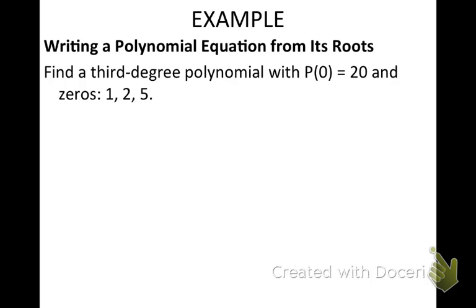Let's think about this for a second. This represents the x or the y value? The x. If my x is 0, my output is 20. What specific point on the graph does that represent? Right. Not the x-intercept. That's your y-intercept, right?